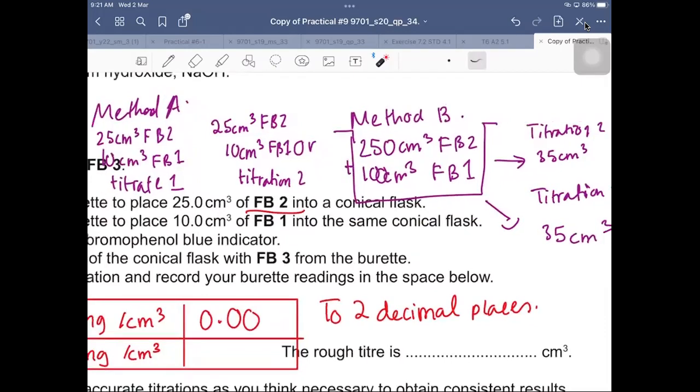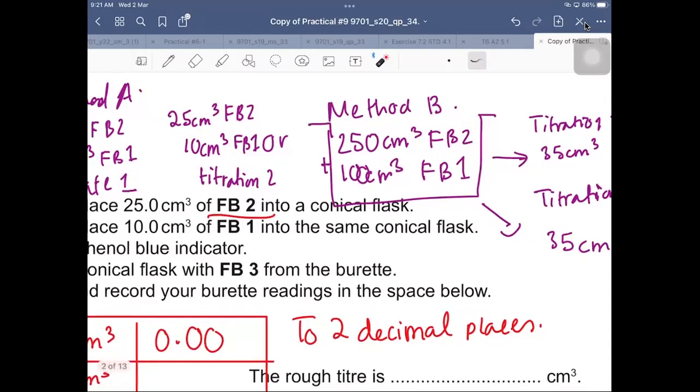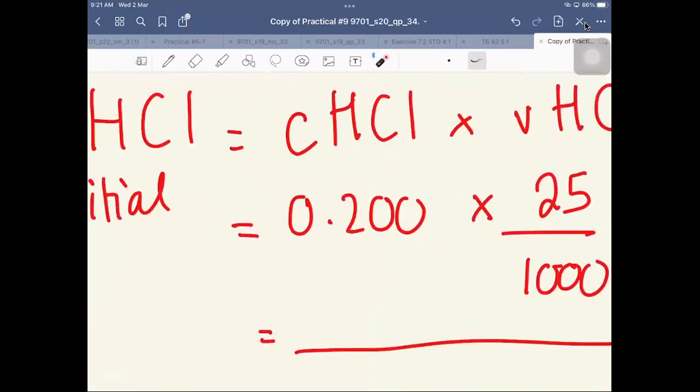The advantage of this is that because we are using bigger volumes, the percentage error is smaller. Okay? So percentage error is usually taken as the smallest error per apparatus over the value that we use.